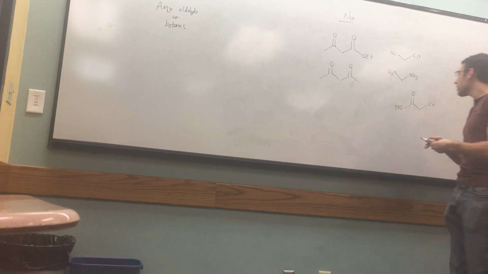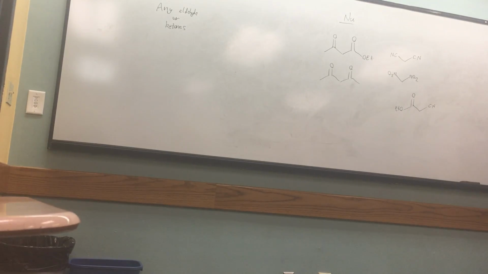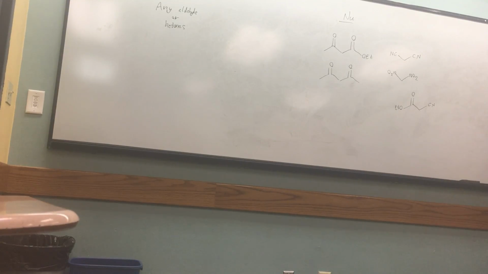Any of these combinations, as long as you have an alpha carbon in the middle with 2 hydrogens, or with 1 hydrogen really. It needs to be 2 if you're doing the condensation, but they can do this enolate reaction, this aldol addition, or an aldol condensation. So that is the Novonagel.